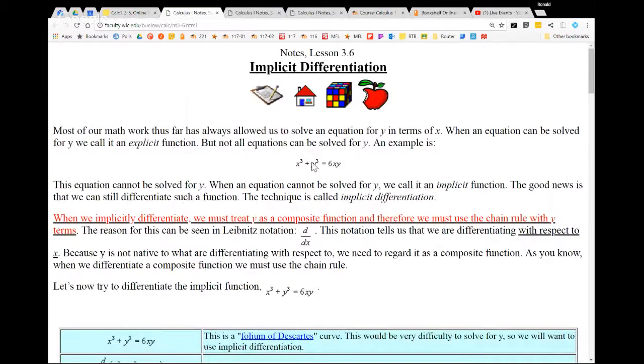You go there, you will see that they talk about, we're going to talk about functions like this today, where you have things like x cubed plus y cubed equals 6xy that cannot be solved for y. And because they can't be solved for y, you would think we can't differentiate, because every differentiation problem we've done previously, you solve for y and then you differentiate. Well, we're going to find that today this type of equation can be differentiated.